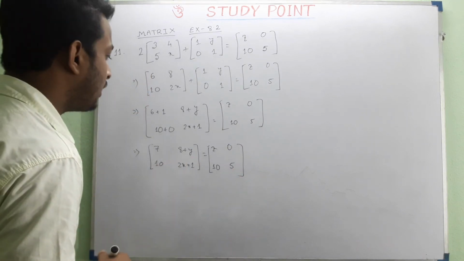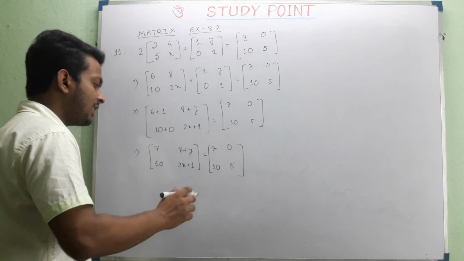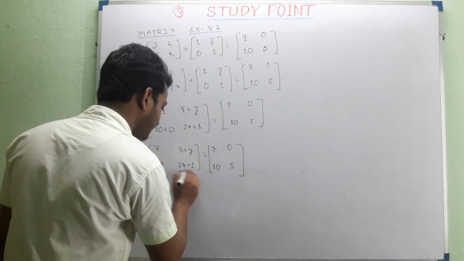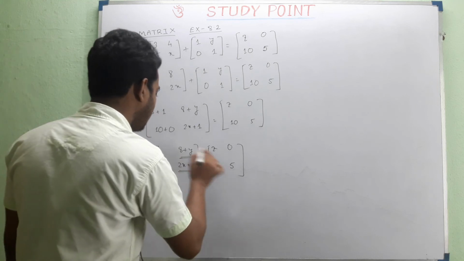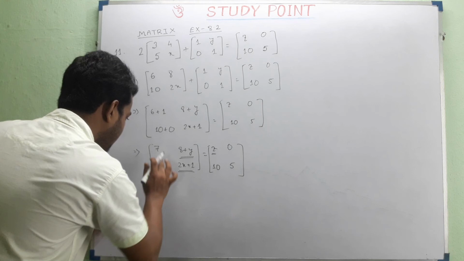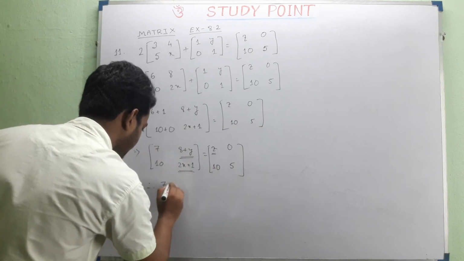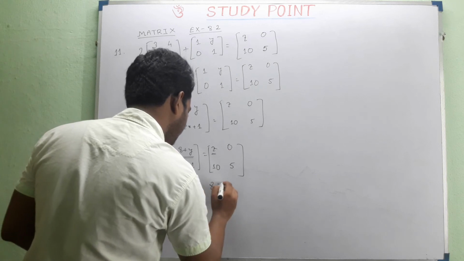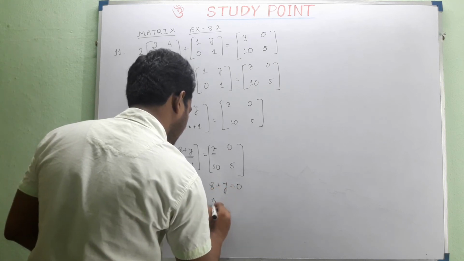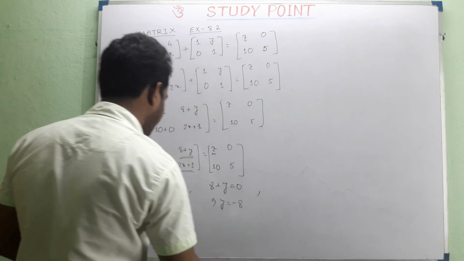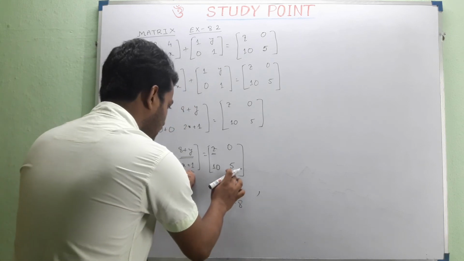Now you have to find the value of x, y and z. Let's see where these terms are available. Here in this relation x is available, here y is available and here z is available. Now we can say that 7 equals z, 8 plus y equals 0. From here we can solve that y equals minus 8, and here 2x plus 1 equals 5.